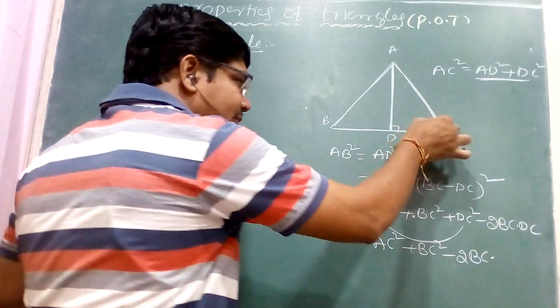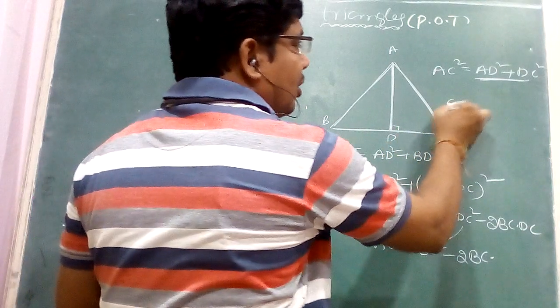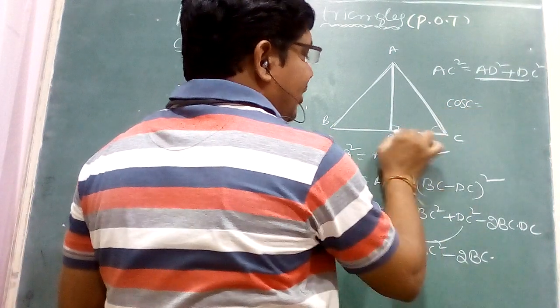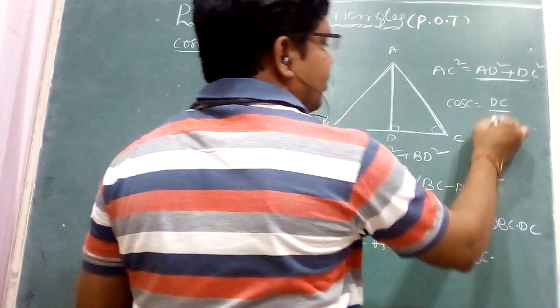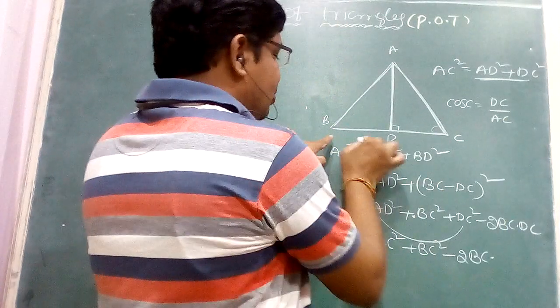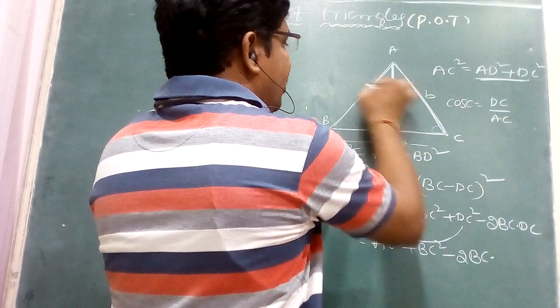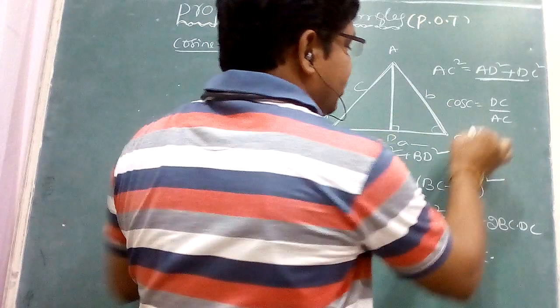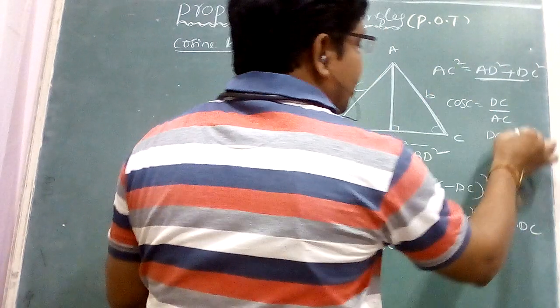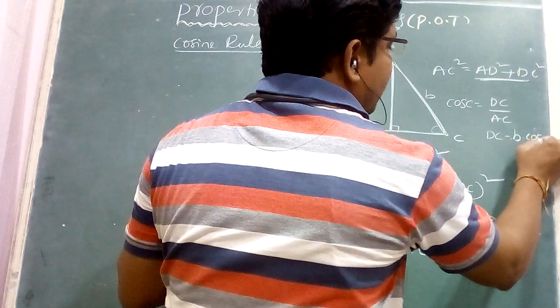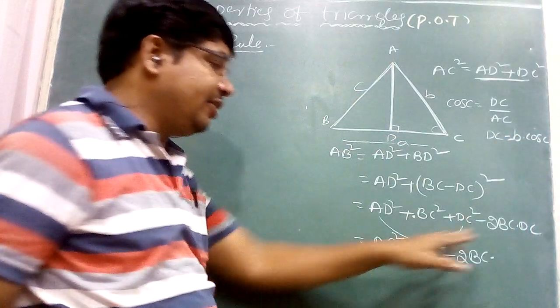I am taking this angle, you want the adjacent side, that's why I am applying cosine. Adjacent side DC by hypotenuse AC. AC length is small b, so DC is equal to b into cosine. The DC value is substituted here.